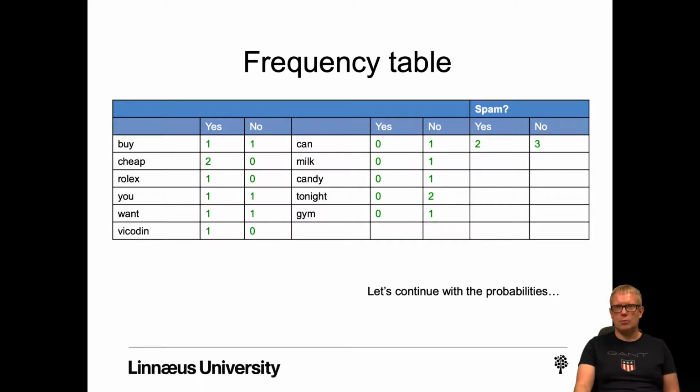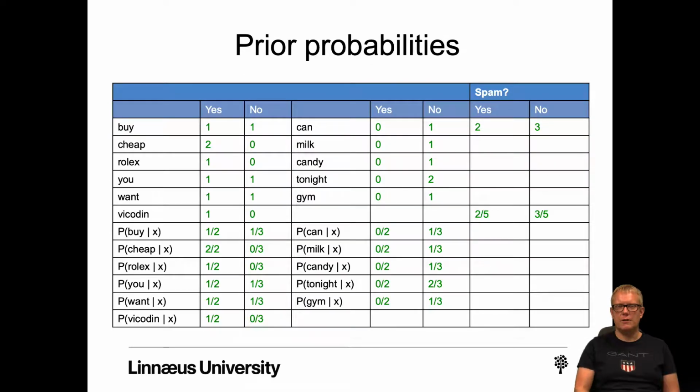And in a similar way, we continue with the prior probabilities. So we just fill in the probabilities. We had 2 examples of yes, 3 of no. So if we take the probability of buy given yes, buy occurs once for the spam examples, and we have 2 spam examples, and once for the non-spam examples, and we have 3 examples, so 1 divided by 3.